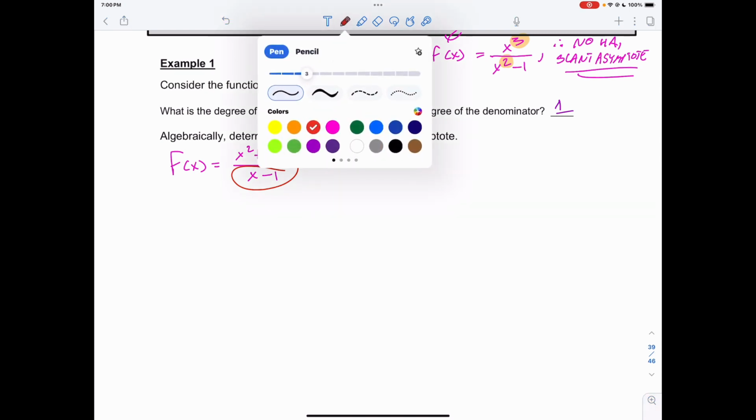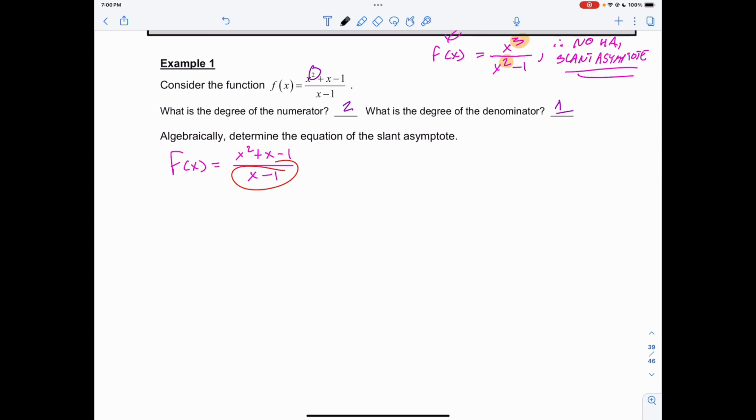If I'm dividing out x minus 1 using what we know from synthetic division, then I'm going to have the coefficients of my numerator, 1, 1, and negative 1.